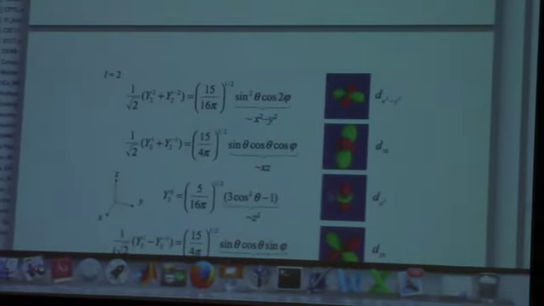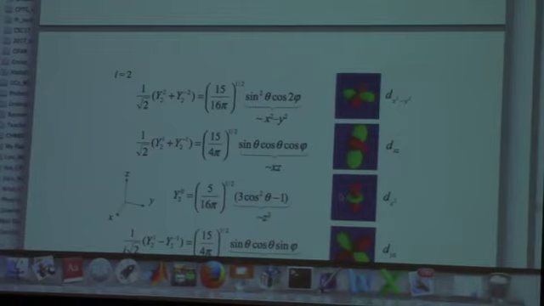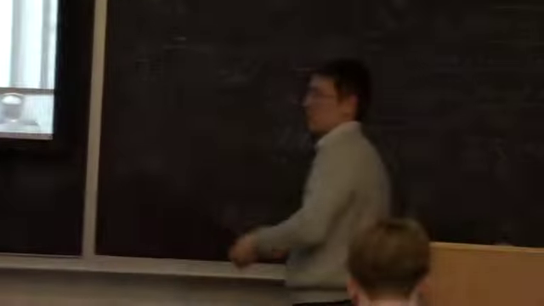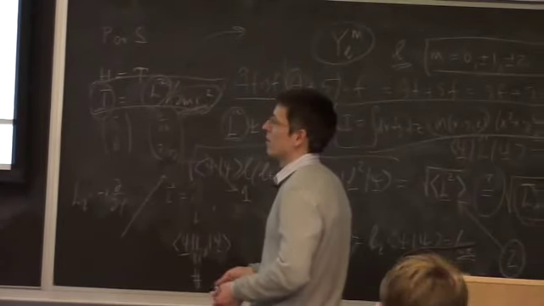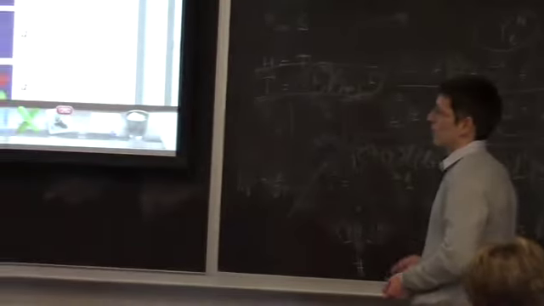You can potentially mix all of them within the same L. I'm not mixing functions with different L's. I'm mixing functions within the same L, so they have the same eigenenergy and even the same L squared eigenvalue. Therefore, whatever I obtain, it's still an eigenfunction. Okay.